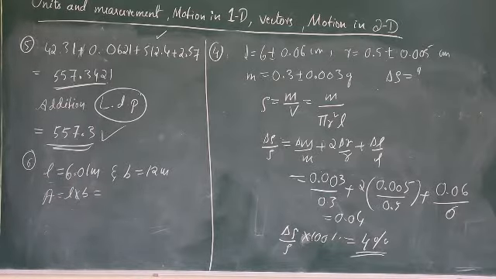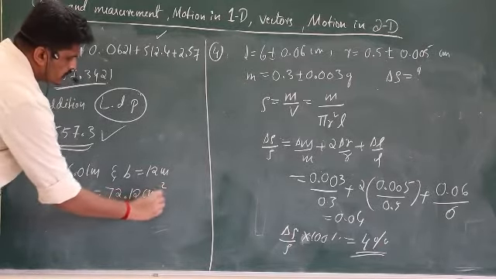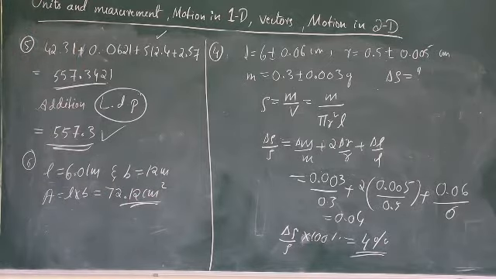When you multiply these two quantities, you are supposed to get 72.12 centimeter square.